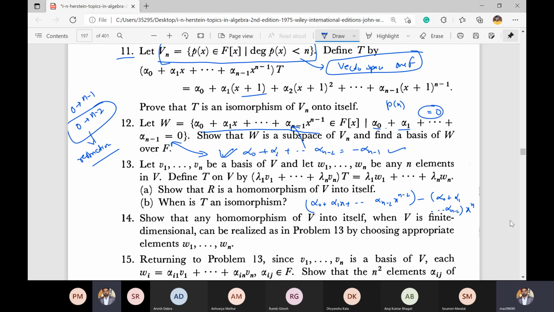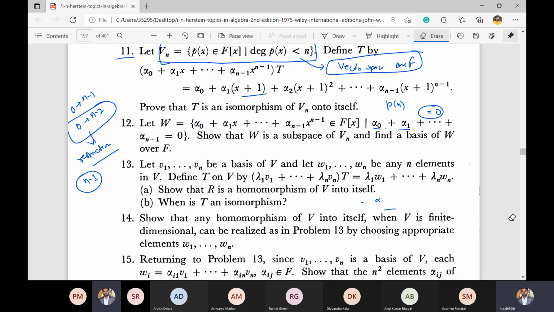So this has dimension n, and this will have dimension n minus 1. We have only one restriction: if we fix the 0 to n minus 2 elements, then the n minus 1th coefficient of this expression will be dependent on the others. So we can remove it from there, and we can conclude that the dimension of this space will become n minus 1.